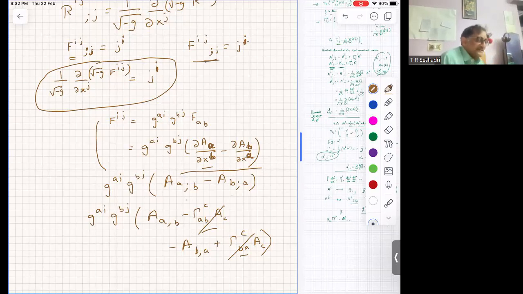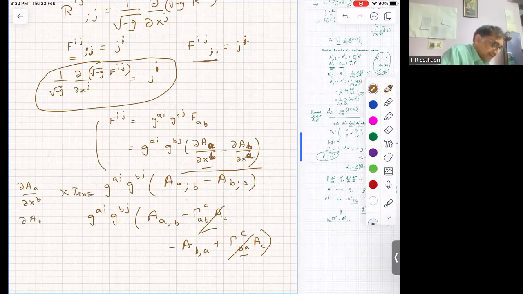Alternatively, del AA by del XB is not a tensor. Del AB by del XA is not a tensor, but the difference between them is a tensor because the non-tensorial portion cancels out.